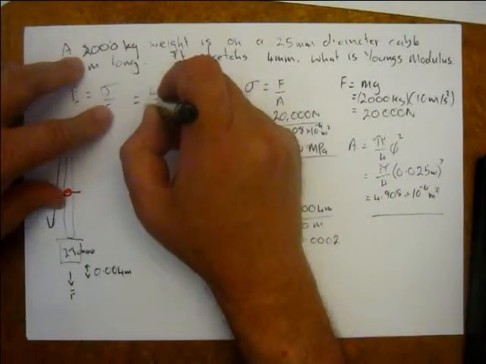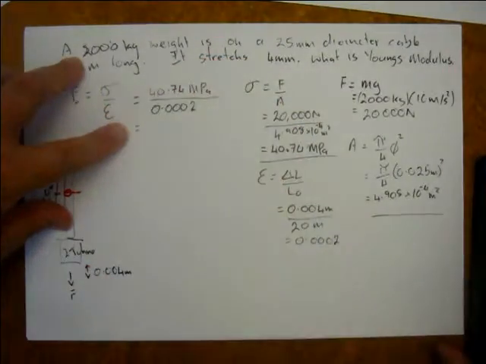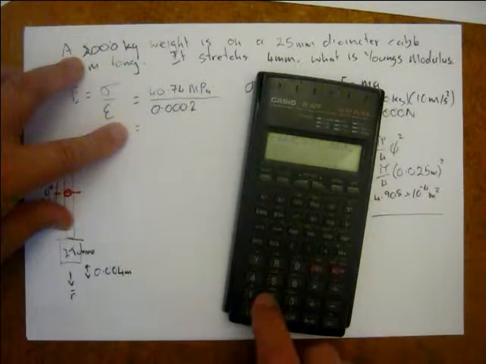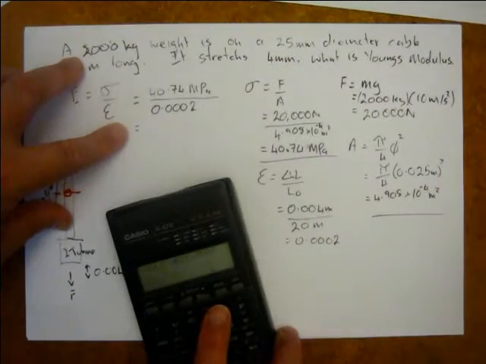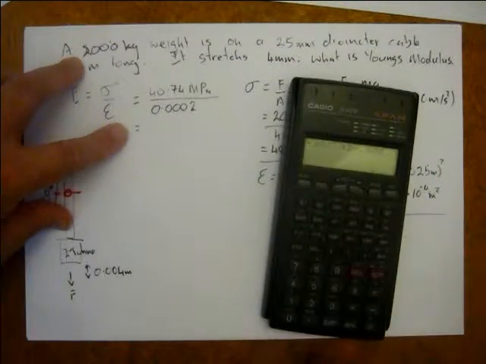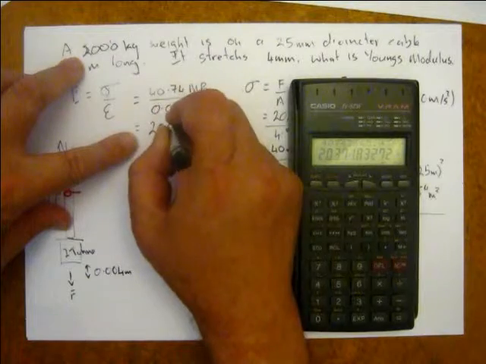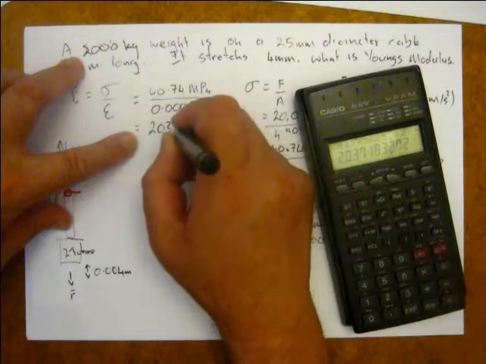So we divide by 0.0002 and it equals 203.7 gigapascals.